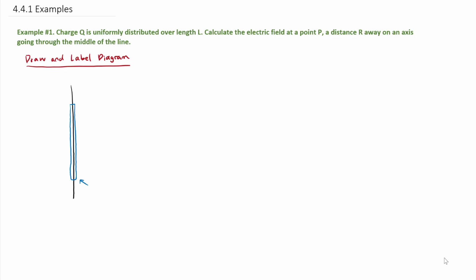So let's point to this and say this is a straight, thin rod of uniform linear charge density.